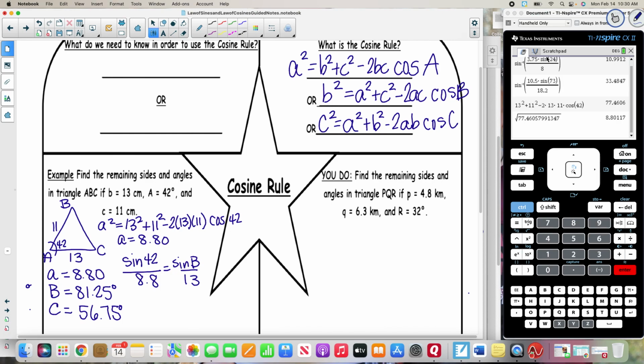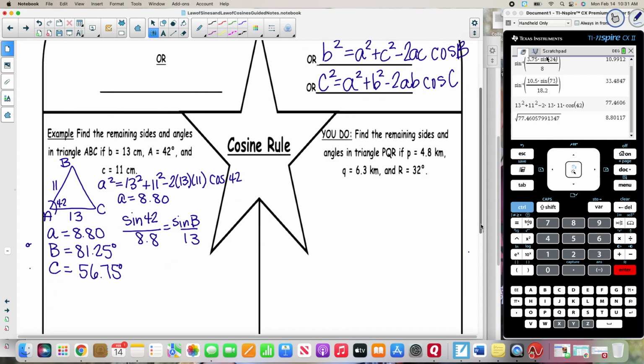Okay, we are going to change the numbers on this second example. I'm actually going to use ABC, because I think it's easier when we first start doing this.